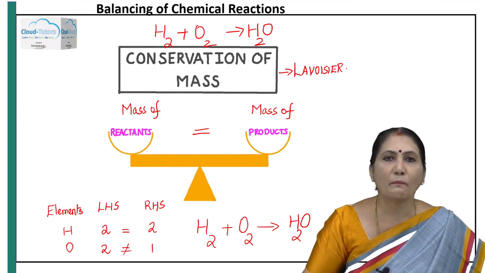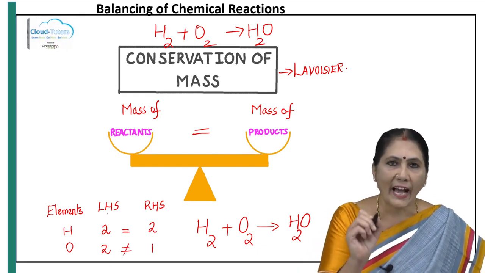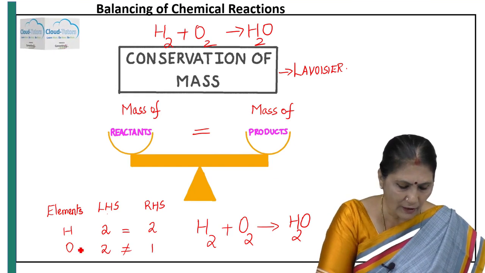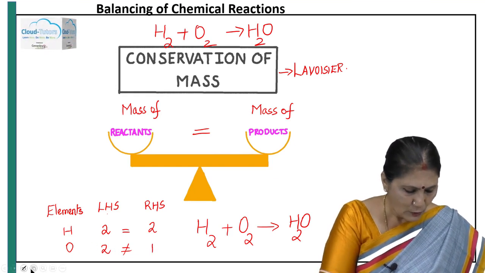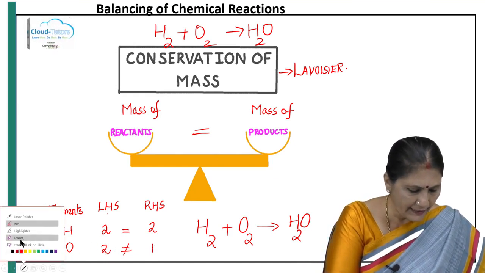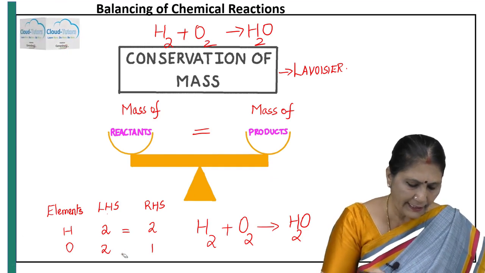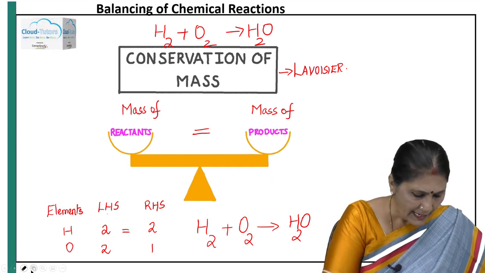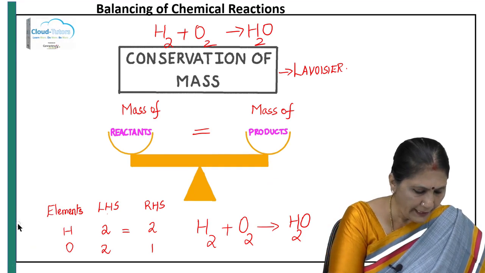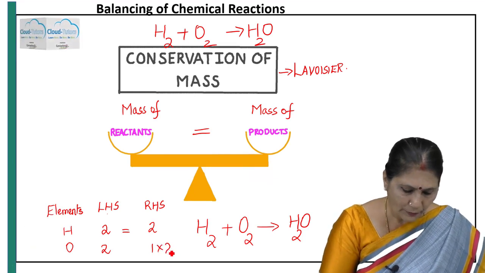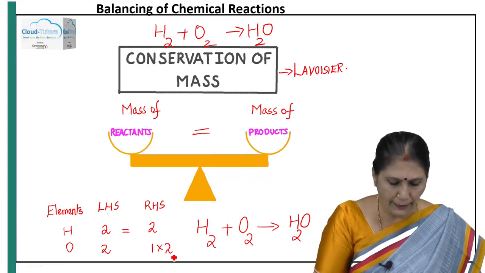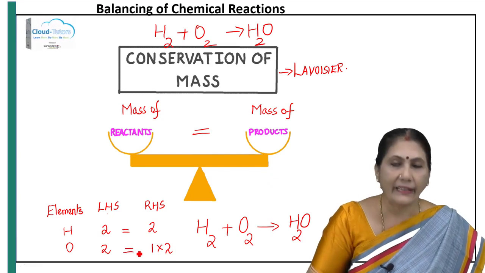Now what are we supposed to do? We have to make this oxygen equal. So what we will do is, we will make this equal. That means I have to multiply this by 2. If I multiply by 2 over here, this becomes equal.